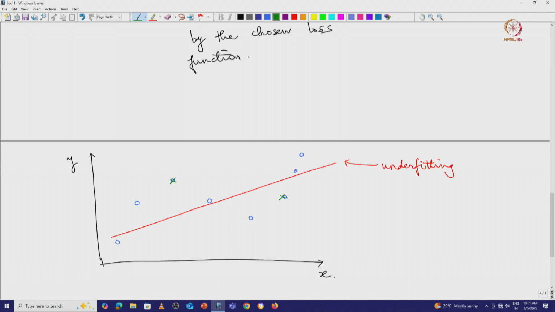And in overfitting the opposite happens. You have chosen too complex a model, so instead of capturing the pattern that is here, the model is way too complex. So it has a lot of undulations, and it tries to overcompensate for the data.